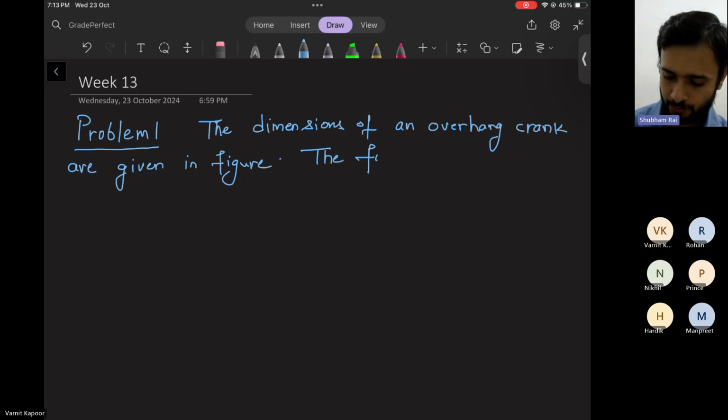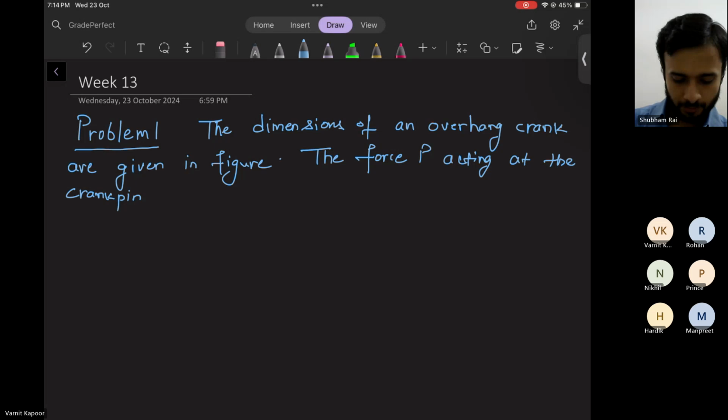The force P acting at the crank pin is 1 kilonewton.